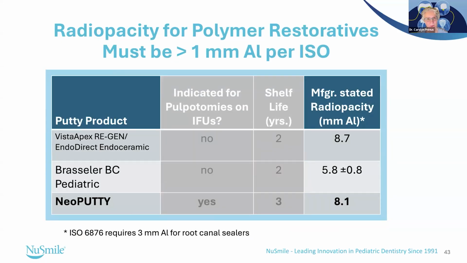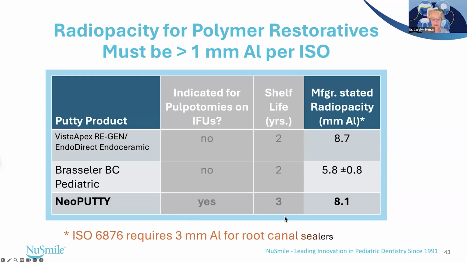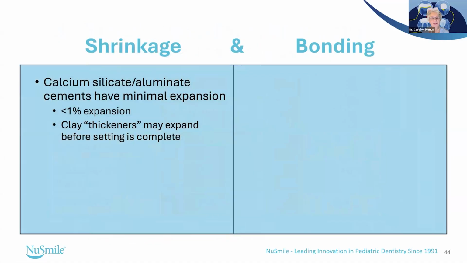Radiopacity. These putties that I'm showing you tonight all have significant radiopacity. It's only required to be about 3 millimeters of equivalent aluminum for root canal sealers. And you can see there are quite high values that are present in all these materials. Here's another thought experiment. These calcium silicate and aluminum aluminate cements really have very minimal expansion.